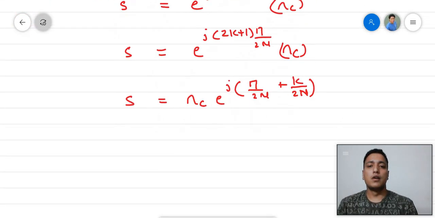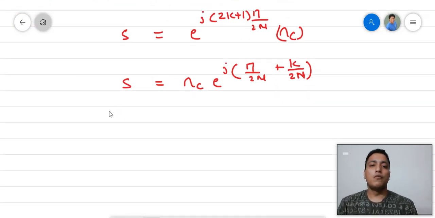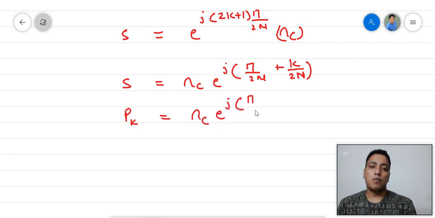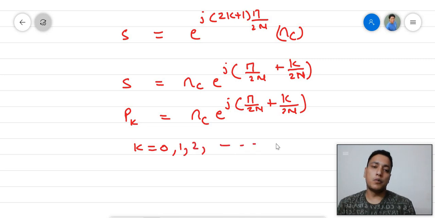Okay. So we have total of 2n poles. So pk will be equal to omega c exponential j pi by 2n plus k over 2n, where k equals to 0, 1, 2 up to 2n minus 1.